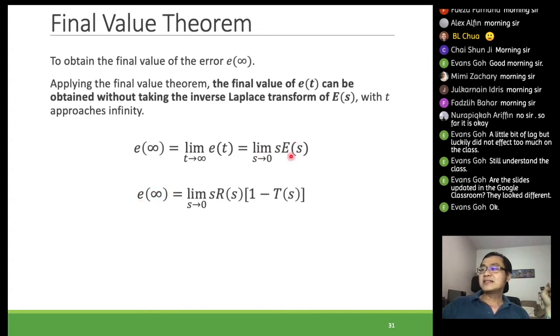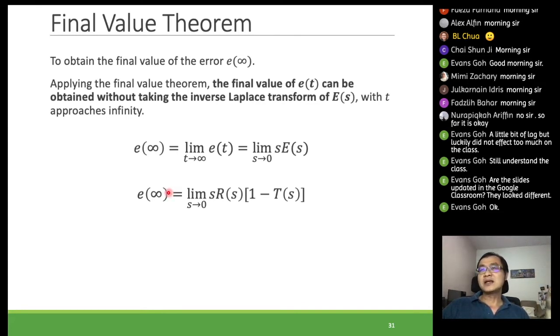Now we replace the E value into our equations. This is our basic final value theorem equation over here. When we replace the E value, remember the input multiplied by 1 minus the transfer function T, we will immediately obtain the so-called steady state error.